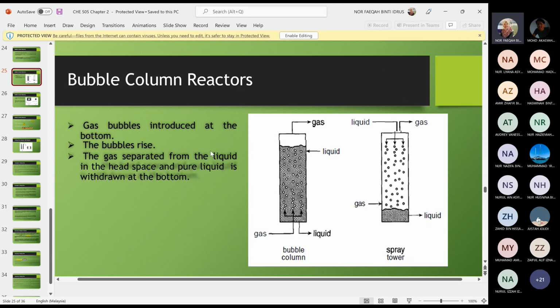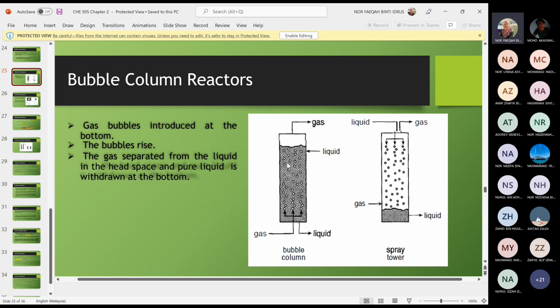So tadi tak nampak gambar. So saya tunjuk balik. So bubble column, gas introduced from the bottom, and then yang ni, yang tiga nak panah, this is where you arrange the nozzle, where you design the nozzle to control the size of the gas bubble produced when the reaction occur.